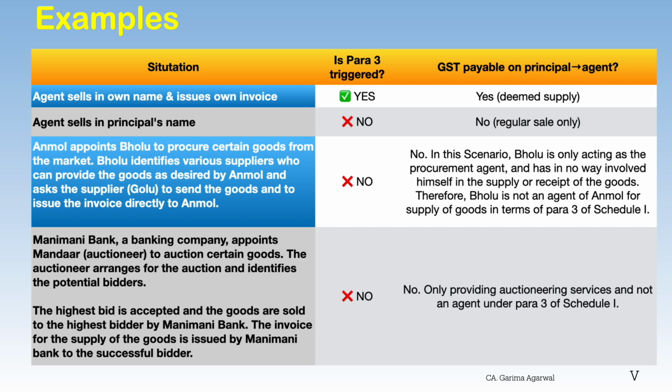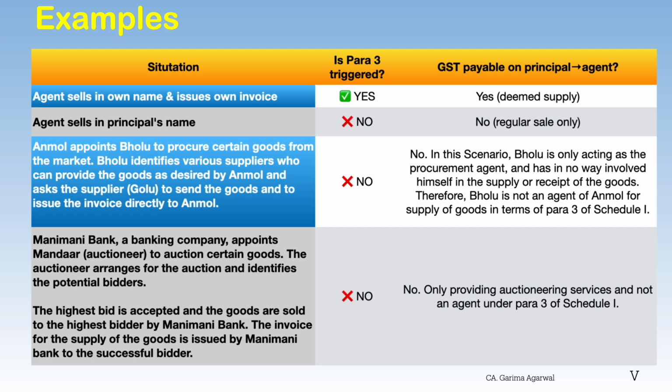Then another scenario. Money Bank, a banking company, appoints Mandar, that is auctioneer, to auction certain goods. The auctioneer arranges for the auction and identifies the potential bidders. The highest bid is accepted and the goods are sold to the highest bidder by Money Bank. The invoice for the supply of goods is issued by Money Bank to the successful bidder.